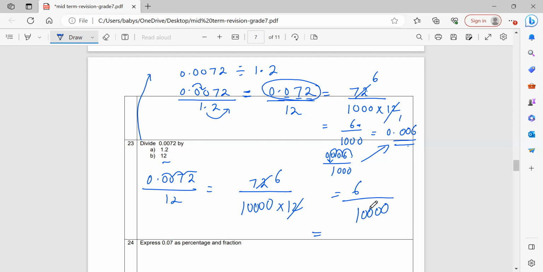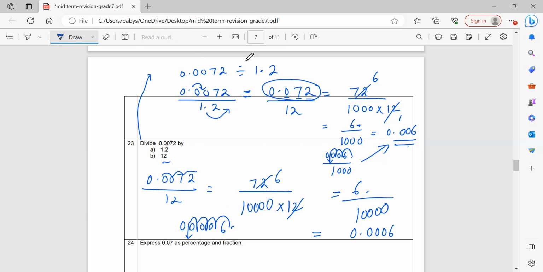So it will be 0.0006 because if you're assuming some fake zeros here, 1, 2, 3, 4, and if the point is here, you're jumping by 4 decimal places, right? So 1, 2, 3, 4, which gives me 0.0006. So that is one thing.